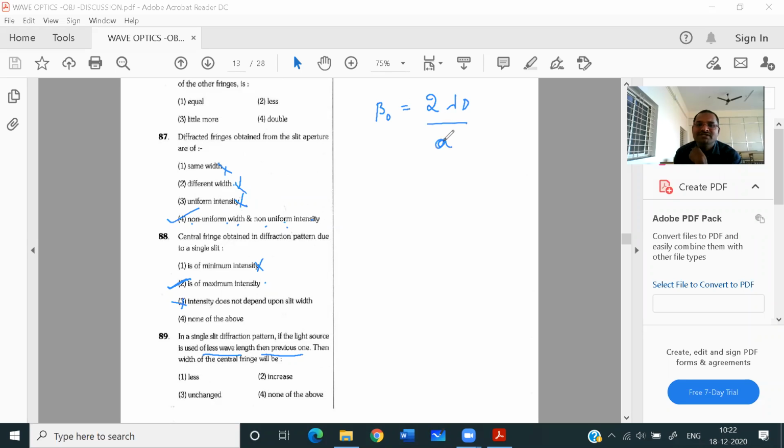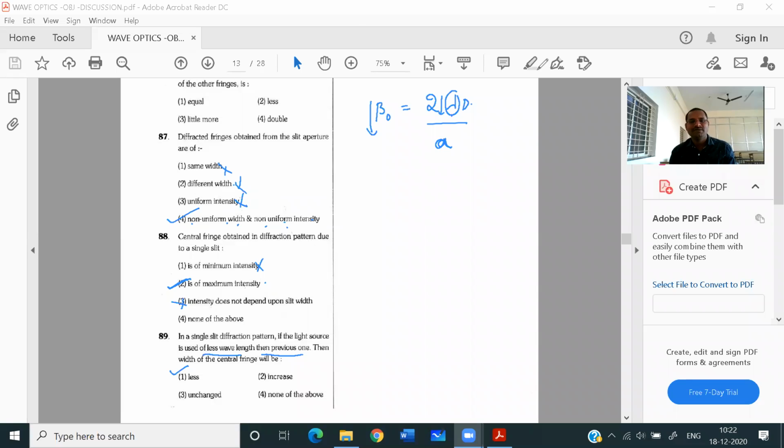Small a is the width of the slit. Capital D is the distance between the slit and the screen. Lambda is the wavelength of light used. Now, if the wavelength lambda is decreased, then the width of the central fringe also decreases. Less only. Clear? Option 1 is the right answer.